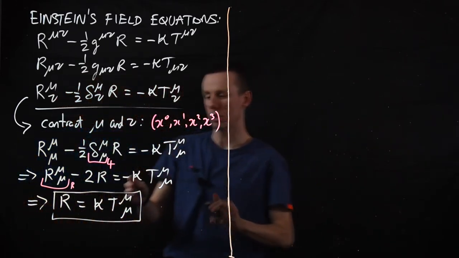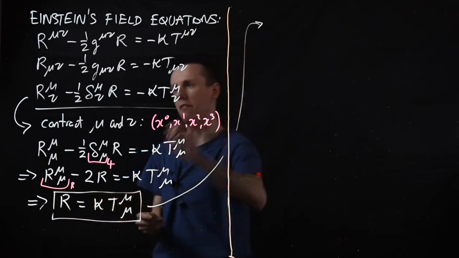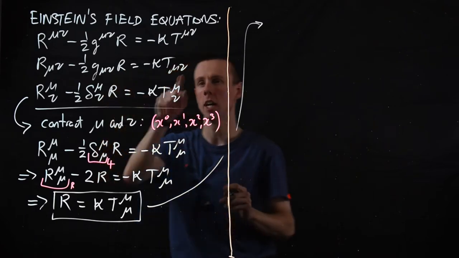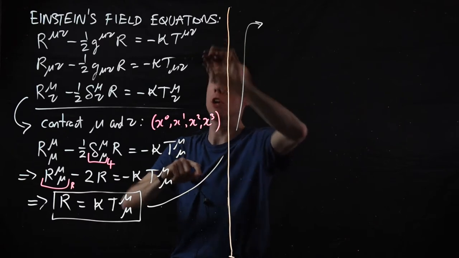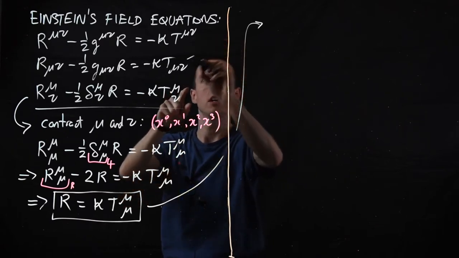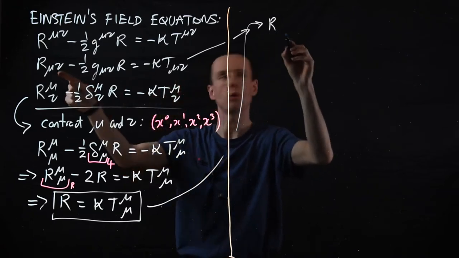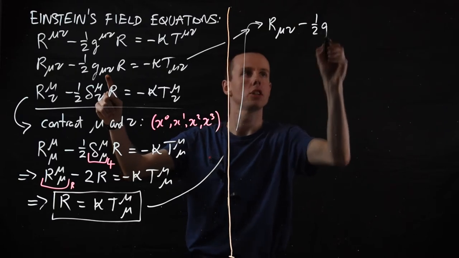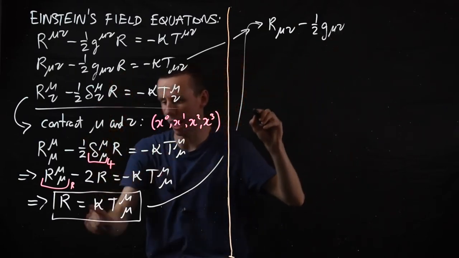Now, what I can do is I can take this identity that I have found, and I'm going to put it back now in here. So I can take either the contravariant form or the covariant form now of the field equations, doesn't matter. But at any rate, I will get the following. So R mu nu, I keep that, minus a half G mu nu, and then R here, the Ricci scalar, I'll replace with this.